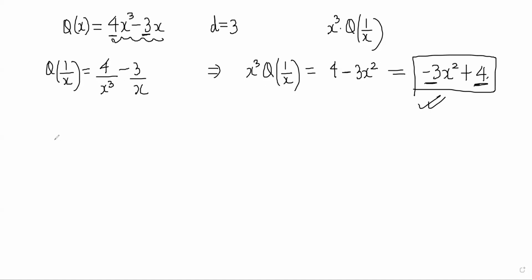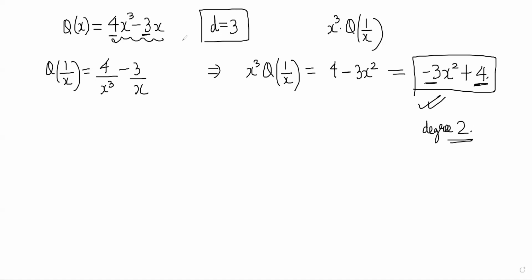But notice one thing, the reciprocal polynomial has degree 2 whereas the original polynomial had degree 3, right? So how come the reciprocal had a lower degree than the original polynomial?